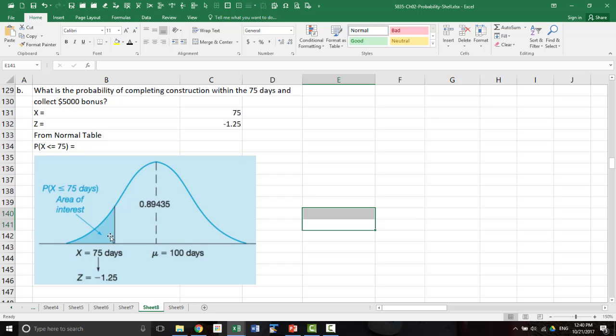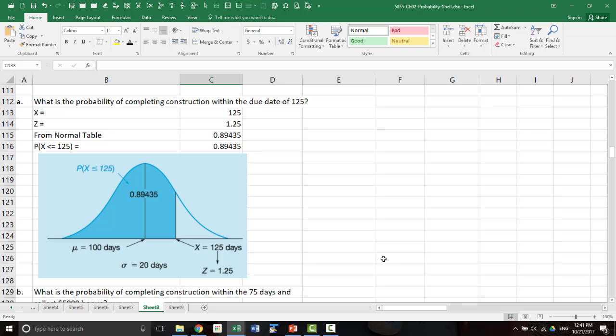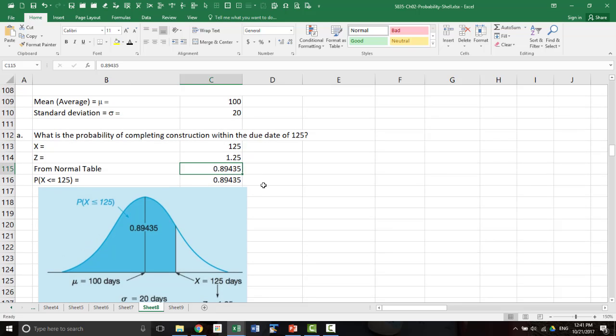So this area with Z of minus 1.25 on the left has a mirror image at Z of plus 1.25 to the right. All we have to do is drop the negative sign and find the normal table value, which we already did, for 1.25.